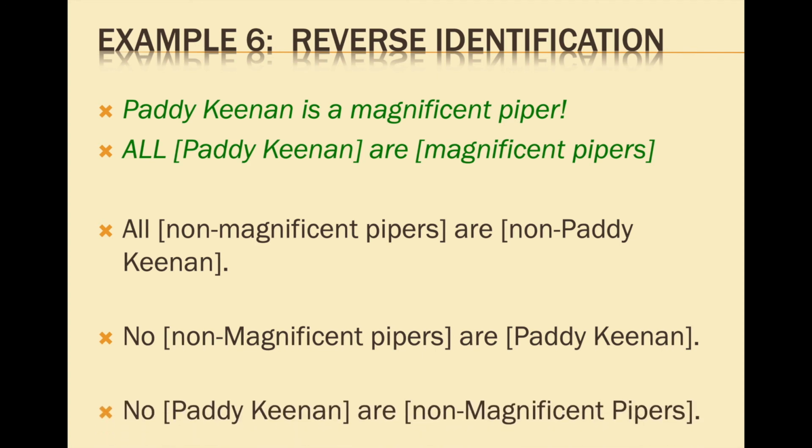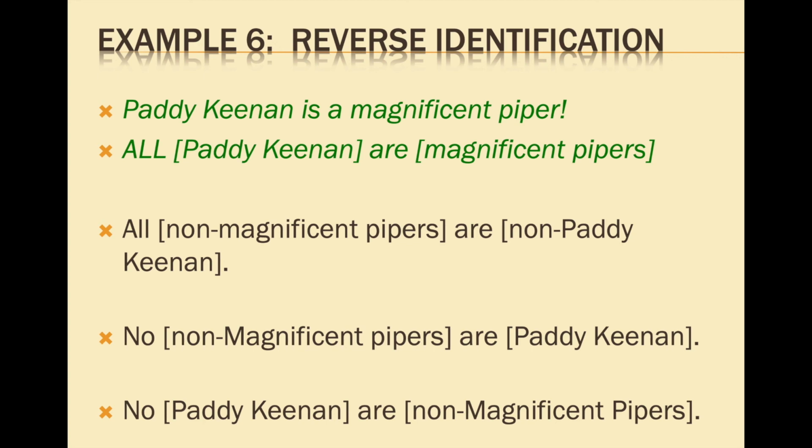And then finally, we could say that no Paddy Keenan are non-magnificent pipers. And what we recognize here is that we have simply converted the obversion of the contraposition.